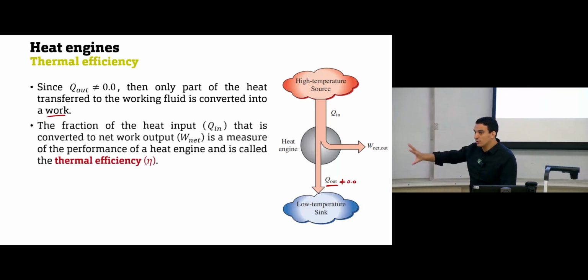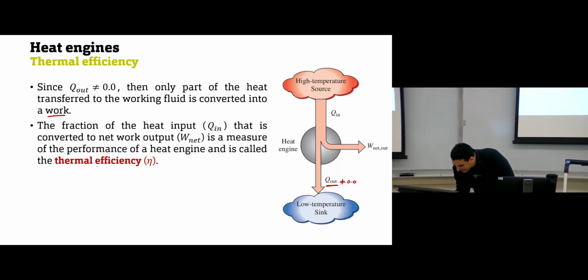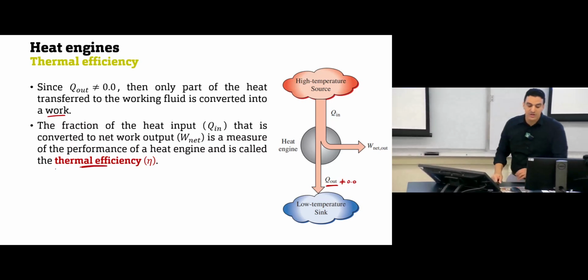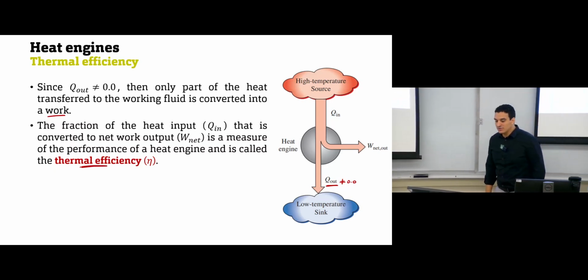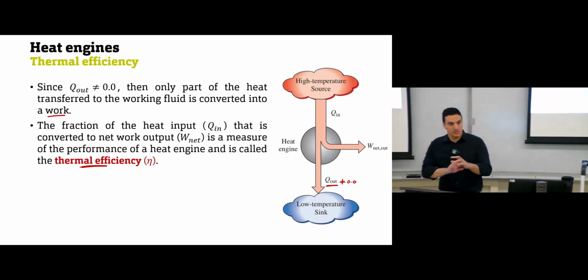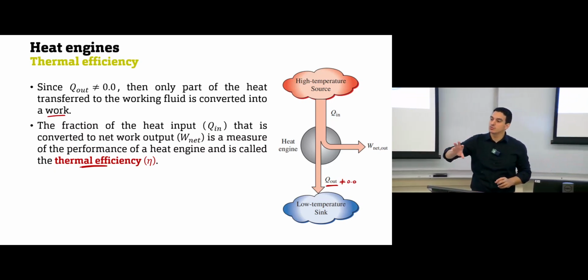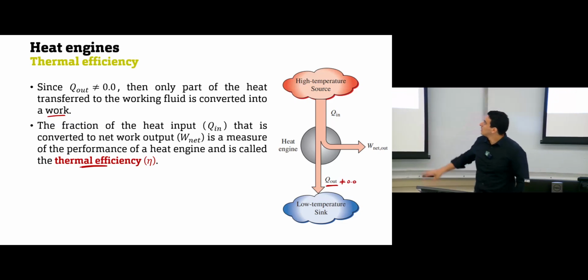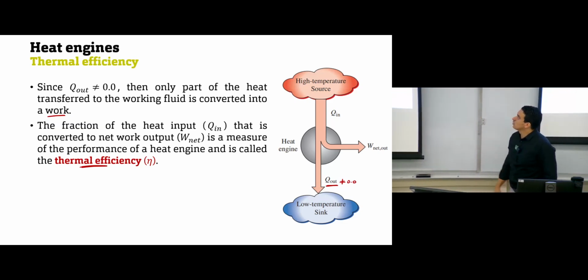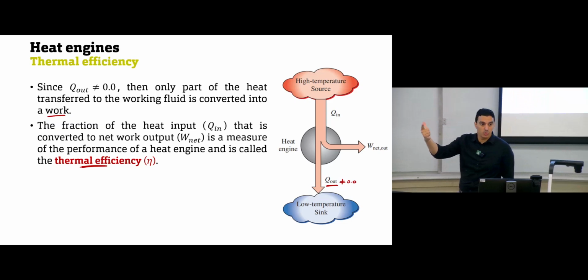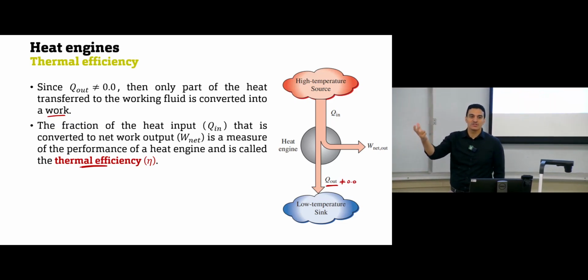Since we have waste heat rejected to the low temperature sink, we must calculate something called thermal efficiency. And what is the thermal efficiency? Efficiency in general is the desired output divided by the input, what you are giving to this process. If you have this diagram, we have Qin, we have net work, we have Qout. What is your desired output?